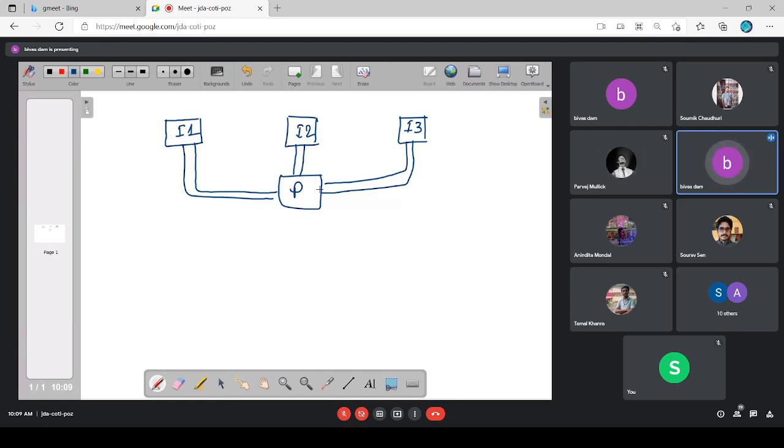So in case the number of input devices is more than 3, let it be some 10 or 20, you can definitely imagine that there will be too much pin requirement from the processor if we go for this type of dedicated input lines.